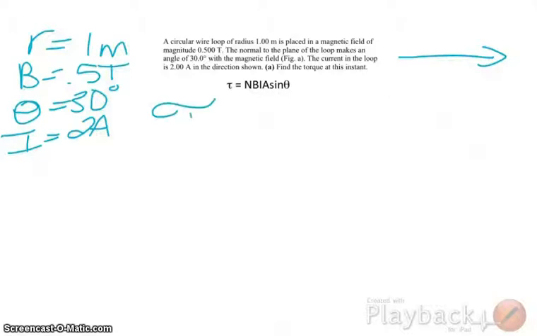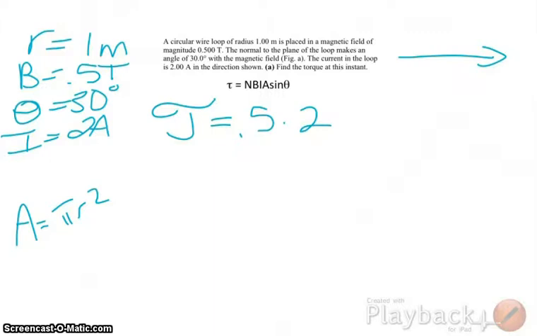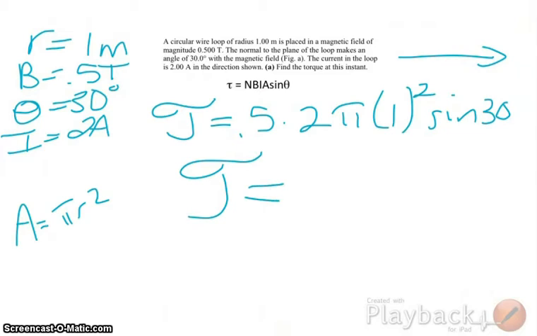Now it's a single loop, so N equals 1, B equals 0.5, I equals 20, area equals pi r squared, so that equals pi times 1 squared, times sine of 30, which is 0.5. And I get tau equals 1.57 Newton meters.